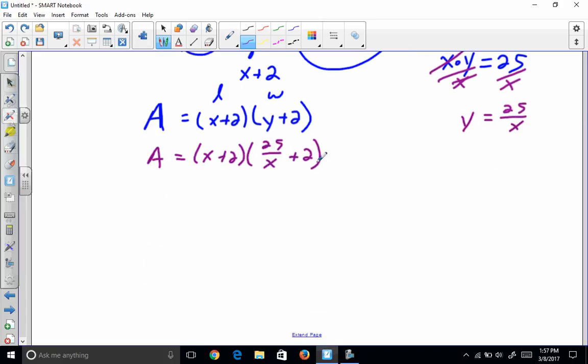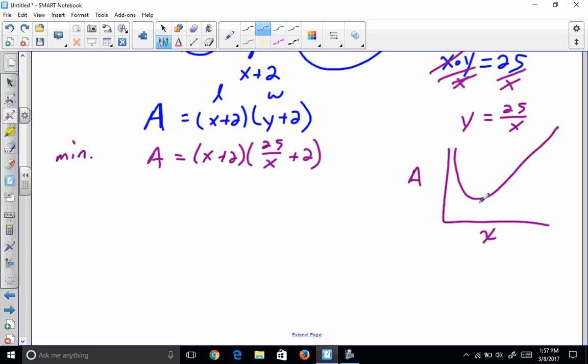Now let's distribute this, because remember, if we're trying to minimize our area, if we're trying to find the smallest area, think about our graph is going to have an input of x and output of area. So our graph might do different things. Might do something like this.